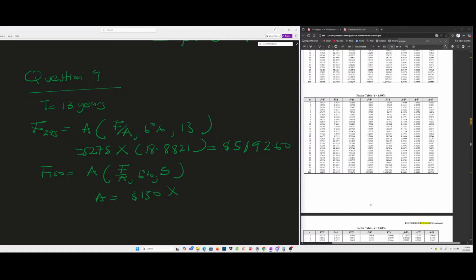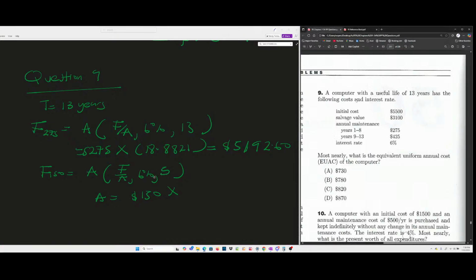The reason this is 5 is because it's from year 9 to 13, and from year 9 to 13 is 5 years. And the reason this is 150 is because we're subtracting 425 minus 275. That's how we got this 150. So we're finding the difference between the maintenance for years 9 to 13, 425 minus 275, and that's how we ended up with this.